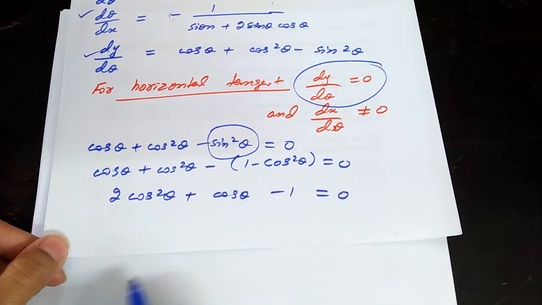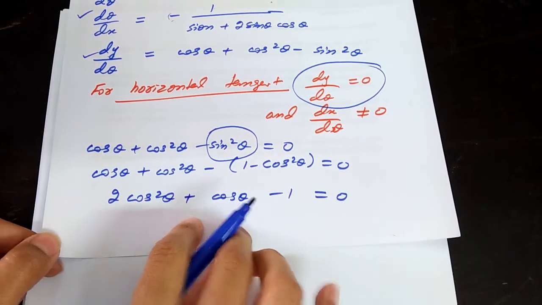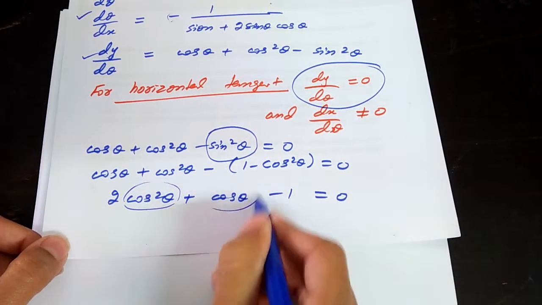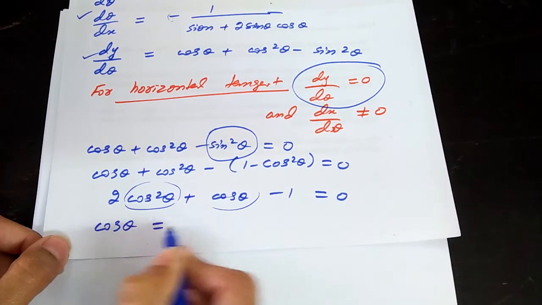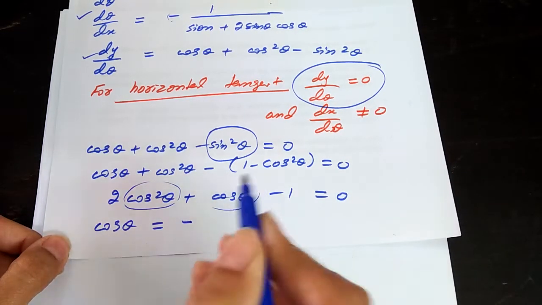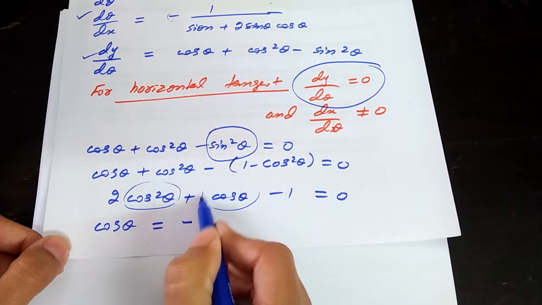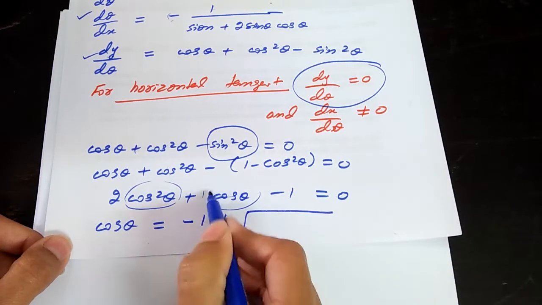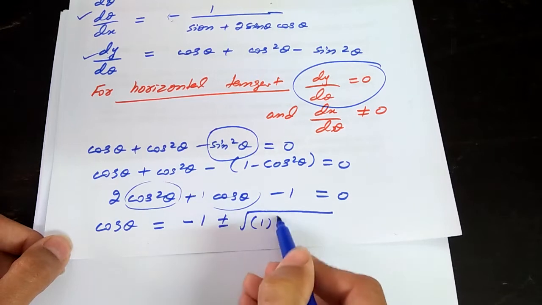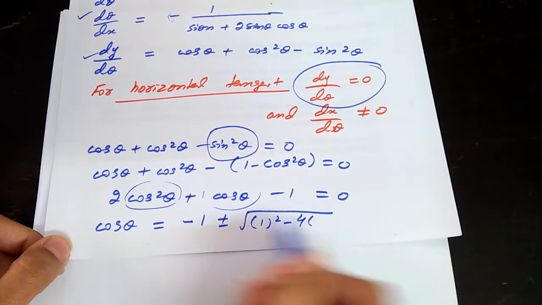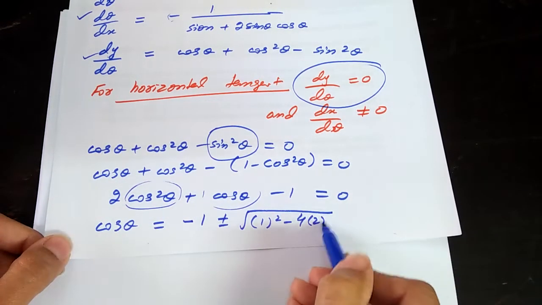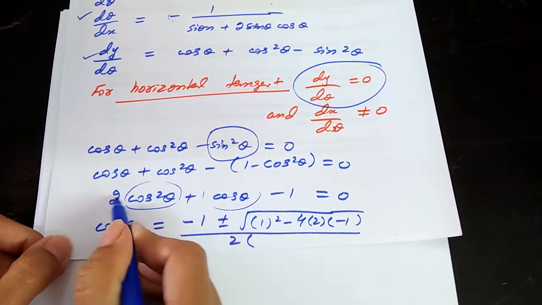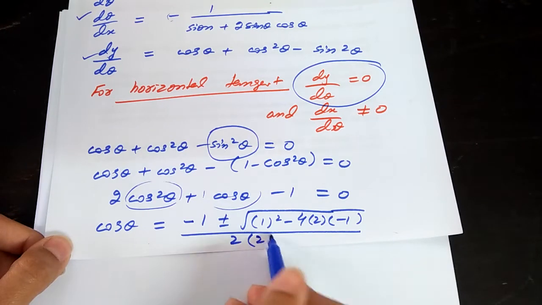equals 0. Now using the quadratic formula here, what is the variable here? Cos of theta. So cos of theta equals minus b, the b value is this 1, so minus 1 plus or minus the square root of b square, b here is 1, minus 4ac, a is 2 and c is minus 1, divided by 2 times a, a here is 2.